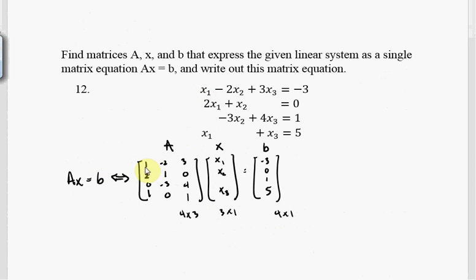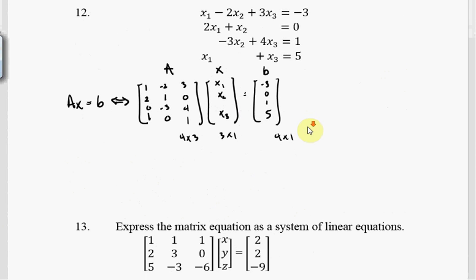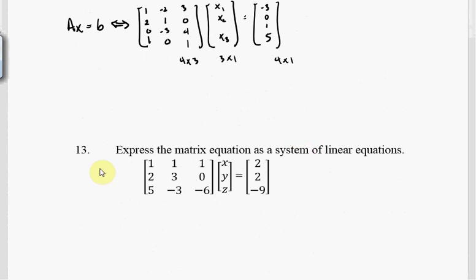Look at the first row. This is 1 times x sub 1, which is x sub 1. Negative 2 times x sub 2 is minus 2 x sub 2, then plus 3 times x sub 3. That's equal to negative 3. The second row, the same thing: 2 x sub 1 plus x sub 2 is equal to 0. Third row is negative 3 x sub 2 plus 4 x sub 3 is equal to 1, and so on.